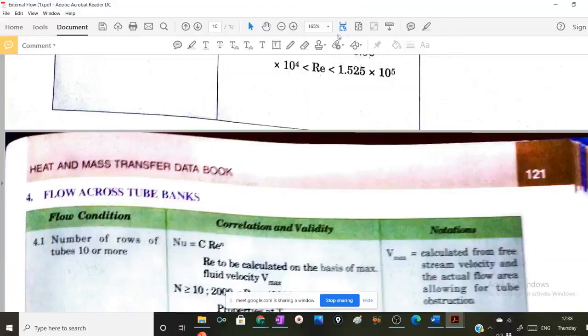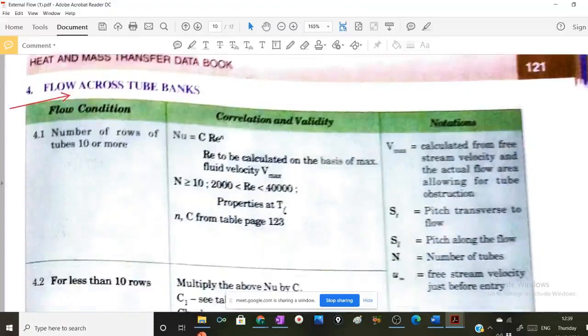Similarly, flow across tube banks. For example, flow over condenser tubes of a refrigerator is nothing but a bank of tubes, where different tubes are lying. For such a condition, if a fluid is flowing over tubes in the form of a bank, I can use these formulae as well.